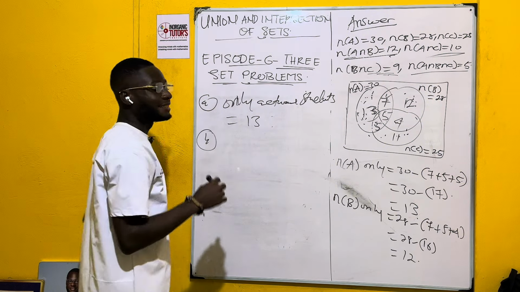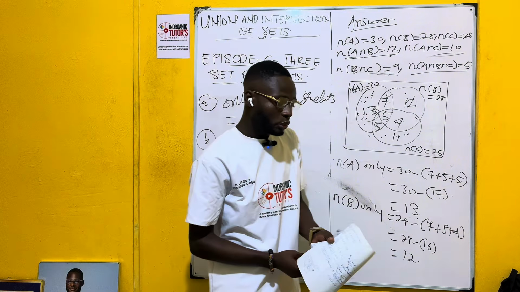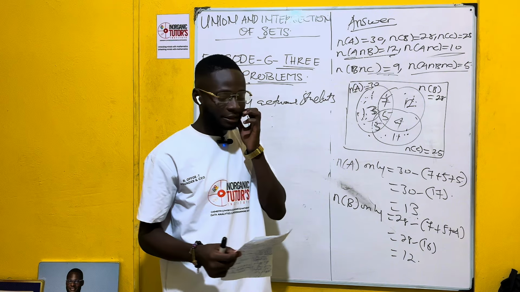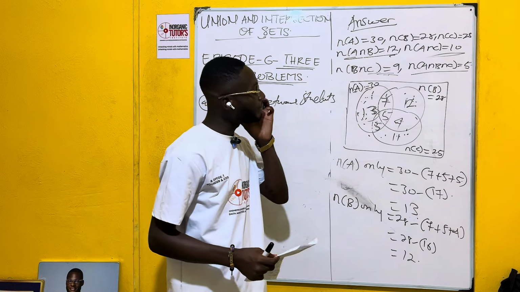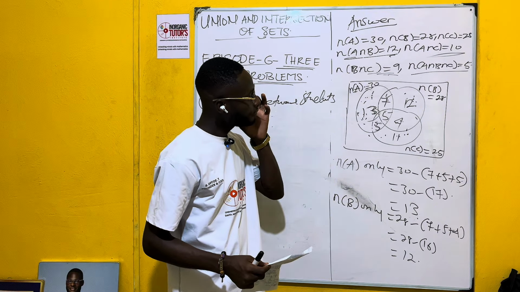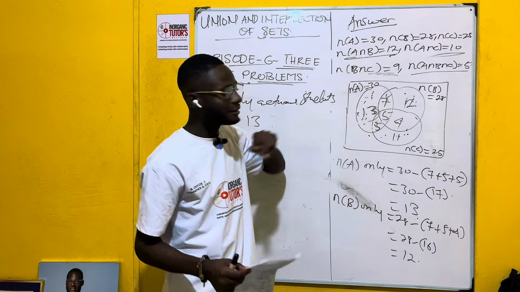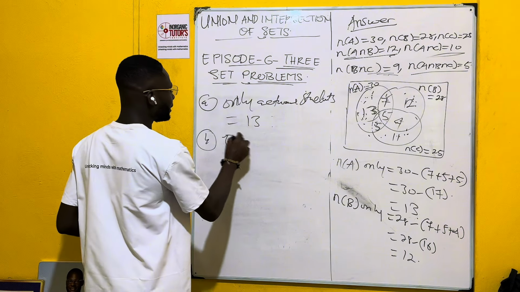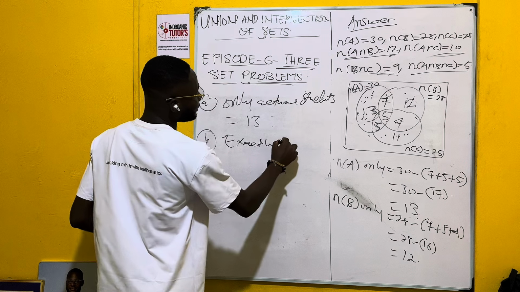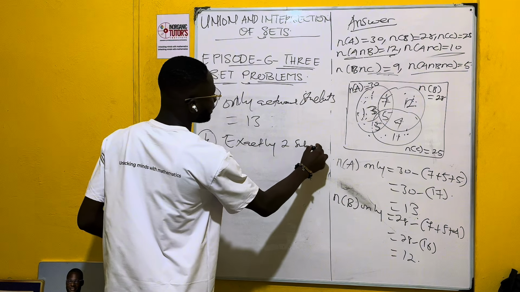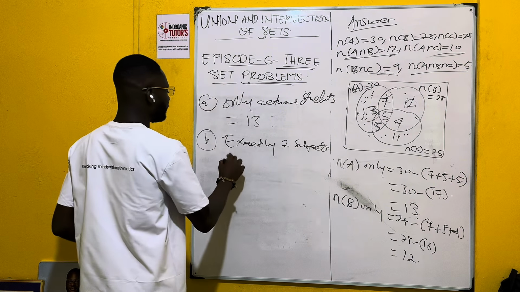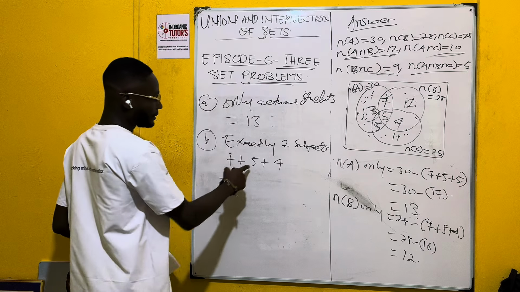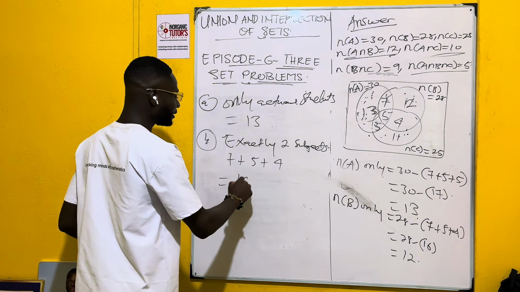Then B, exactly two subjects, right? Exactly two subjects, we are going to have these particular sections, this and that. So exactly two subjects, we are going to have 7 plus 5 plus 4, and that is 12 plus 4, 16.